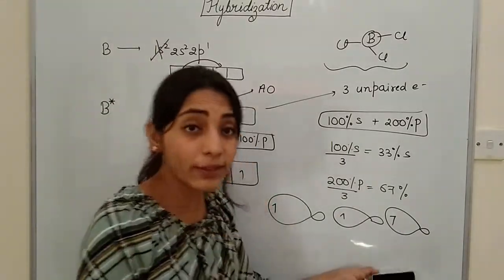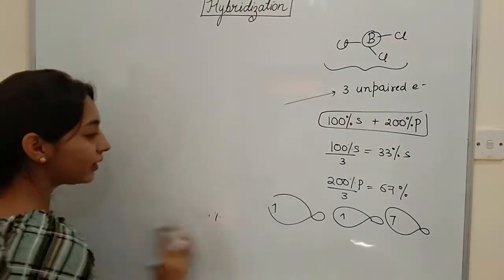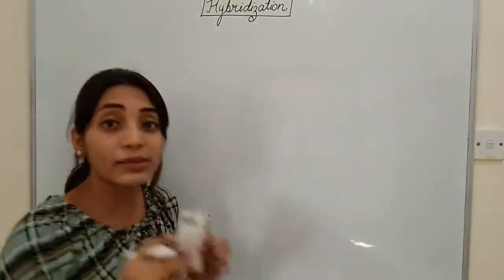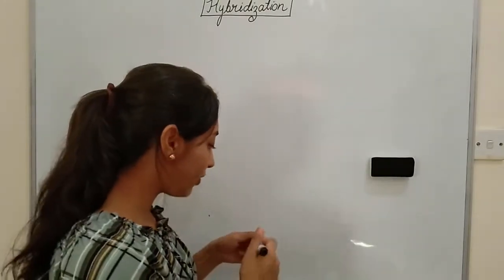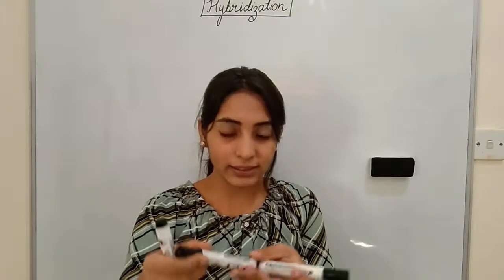Now the next step is to arrange these hybrid orbitals in such a way that they are at maximum distance from each other. Suppose I have 3 markers and I have to arrange them at maximum distance from each other.